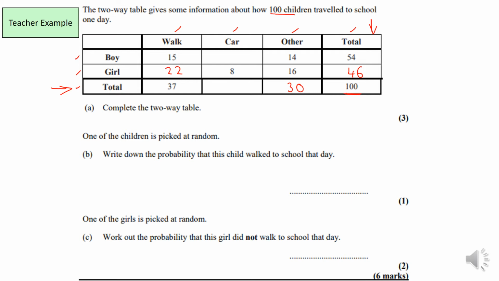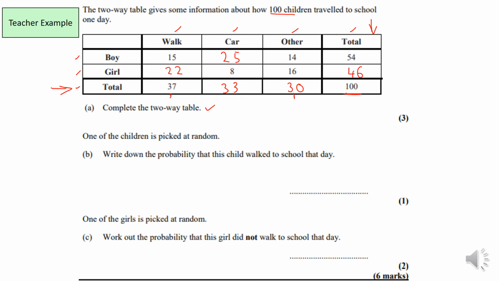Now what we can do for this one is you can say 37 up here, add 30, which makes 67. In other words, 100 is in that total there. 100 take away 67 is 33. And then for the missing information about the boys and cars is 33 take away 8, which is going to be 25. Now the first part of this section is completed.